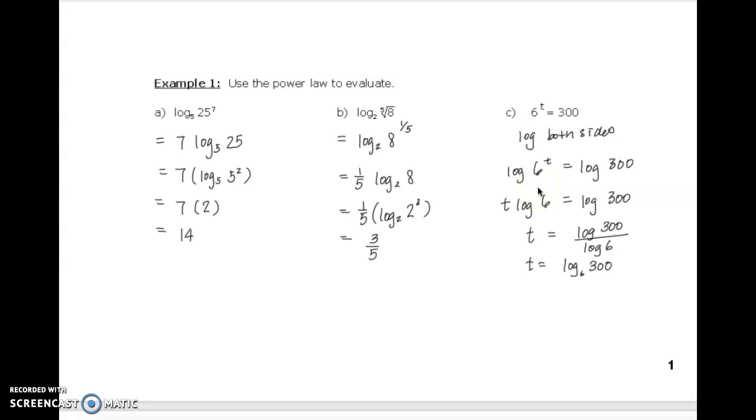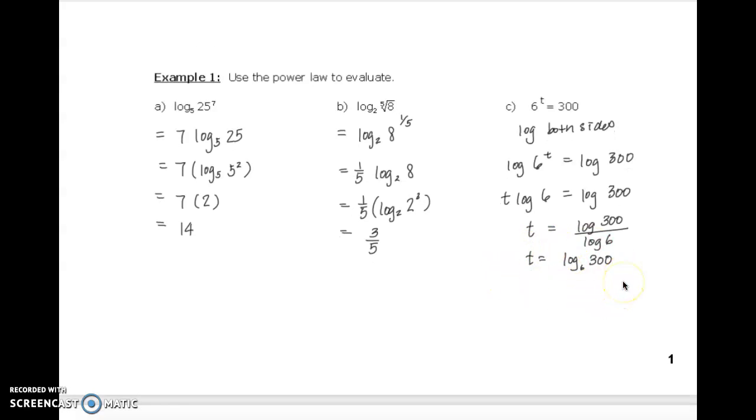If I log both sides though, then t is an exponent of 6 here, so I can write this as t times log 6, and the other side is just log 300. You can write it as log 300 over log 6, and t can be written as log 300 base 6.